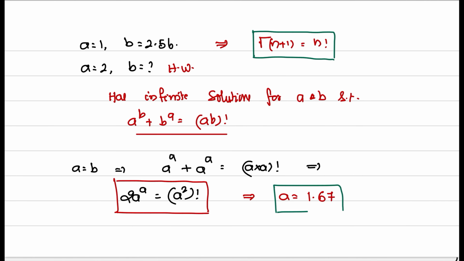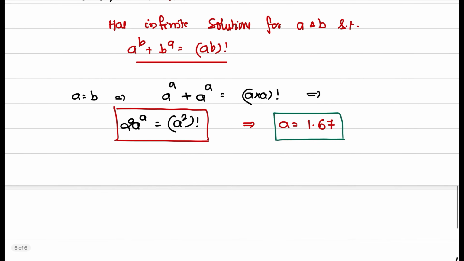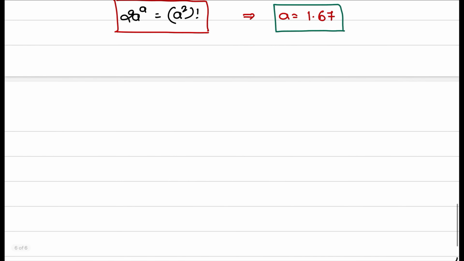By doing arithmetic, I am explaining the concept. Now you just see how it can be written as 2 into a to the power of a is equal to a square factorial. This can be written in gamma functions as 2 into a to the power of a is equal to gamma a square plus 1.